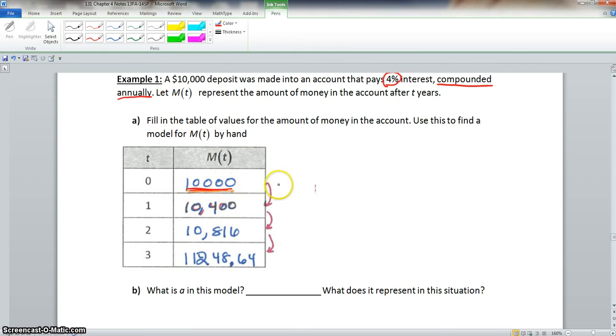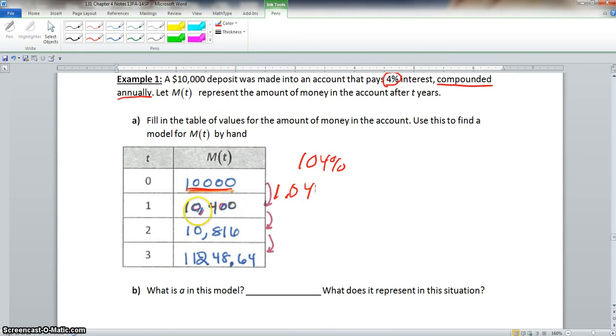So what we have here is 1.04, or after the first year, you have 104% of what you initially put in. Think about it. You get your $10,000 back, which is 100%. And then you have an additional 4%, which written as a decimal is 1.04.